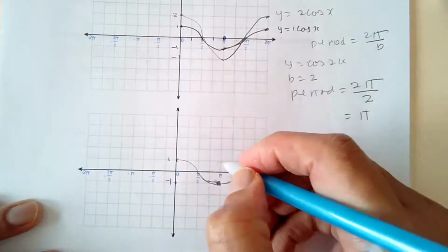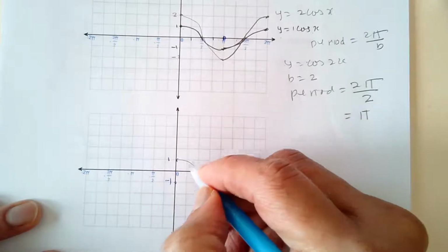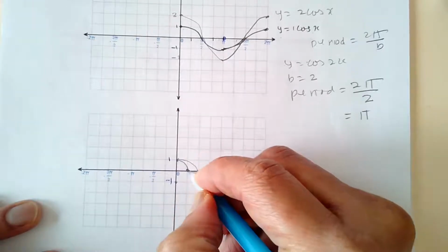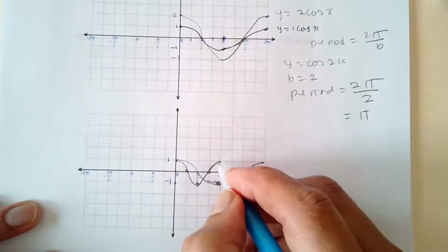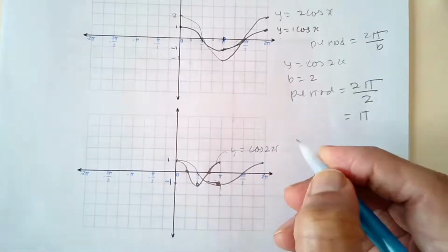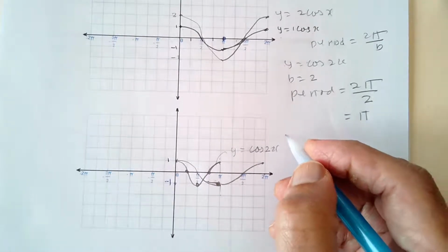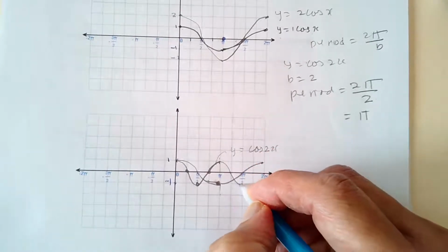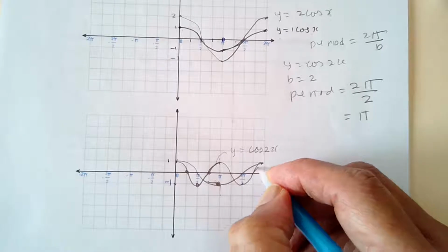But now the period is 1, where before the period was 2. So now my points are going to be 1, 2, 3, 4. So this now is y is equal to cos 2x. Then if you continue, you'll see there will be 2 periods in 2 pi.